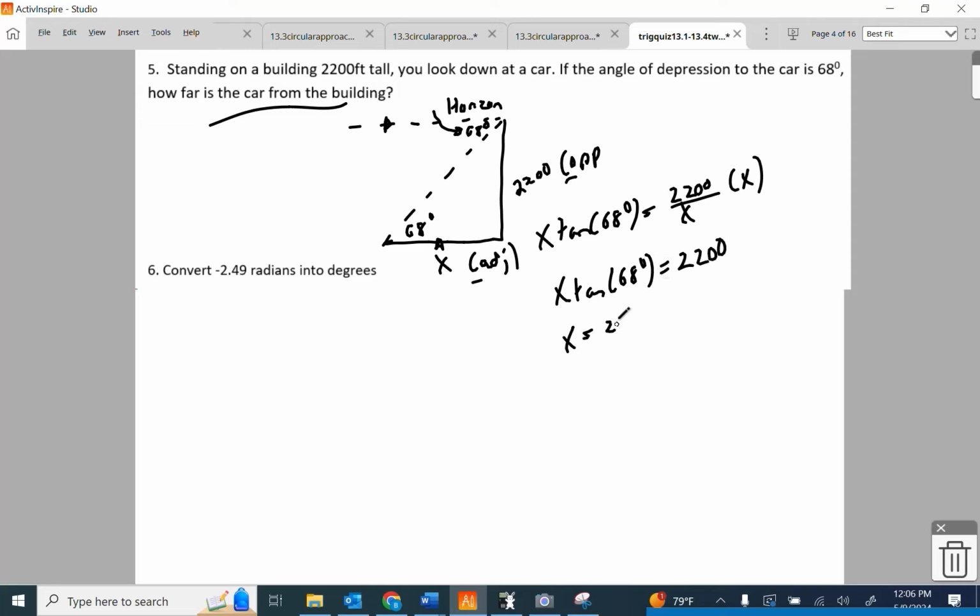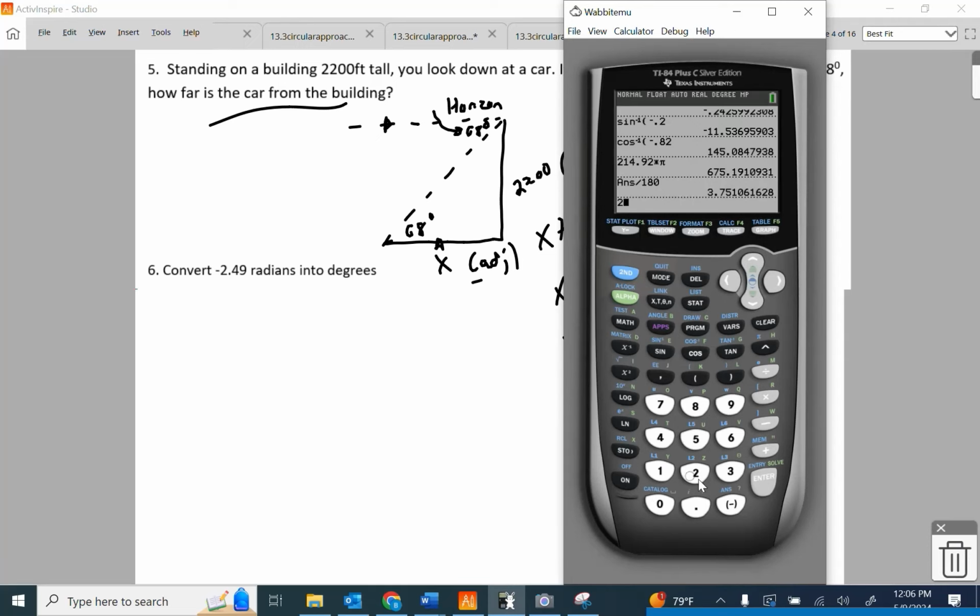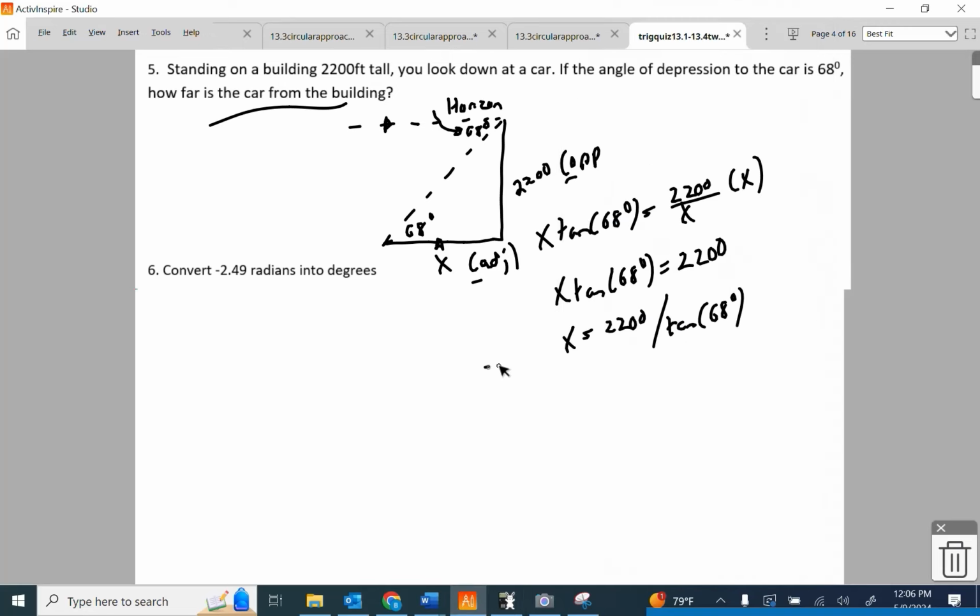So x is 2,200 divided by the tangent of 68 degrees. So let's see what that is. 2,200 divided by the tangent of 68 shall be 888.86. Let's just take nearest foot, about 889.